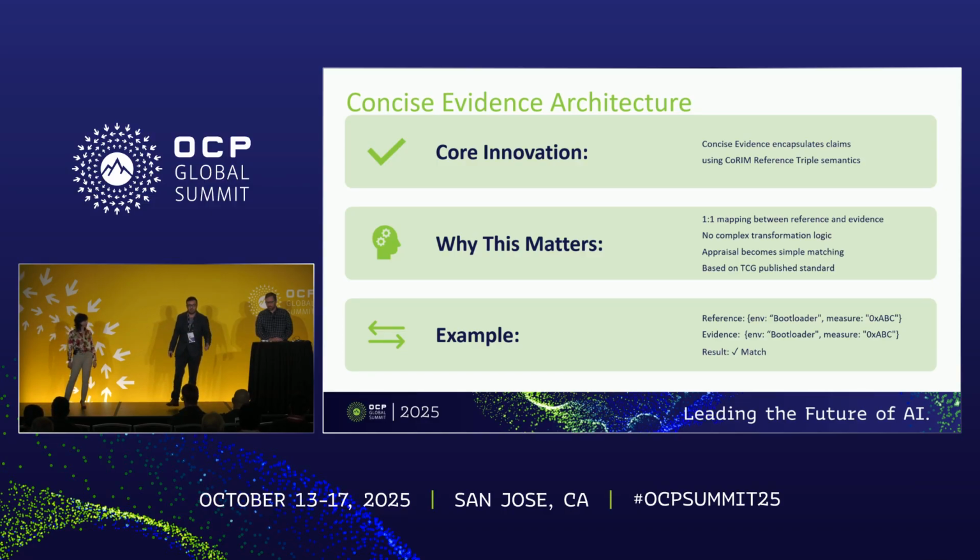What's great about concise evidence? The idea of concise evidence was to create the evidence in the same format as the CoRIM, because concise evidence uses the same semantics as the CoRIM. So we use the target environment definition, which has environment map and measurement map, which whoever is familiar with developing a CoRIM will be using the same.